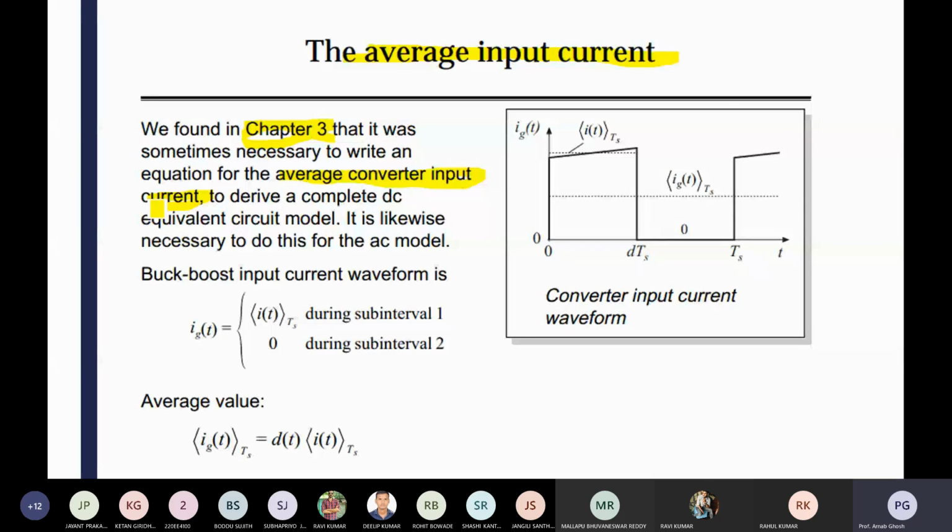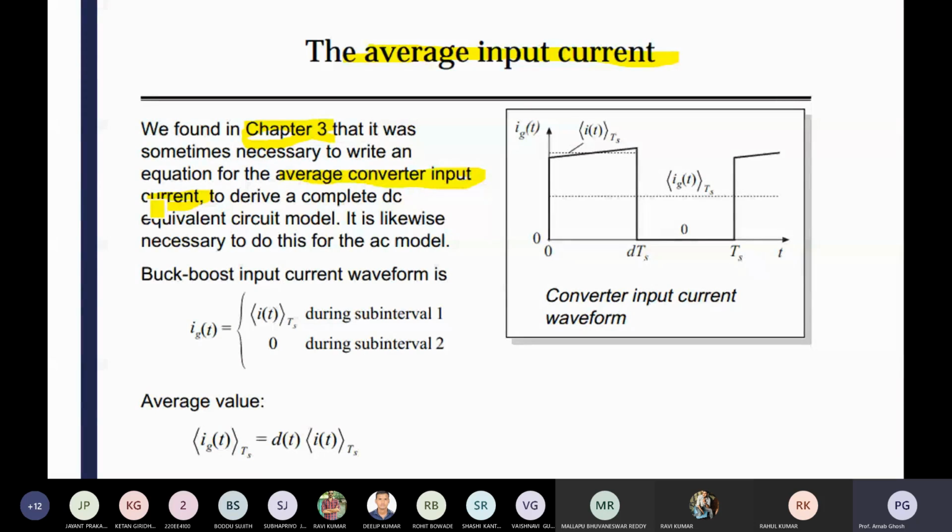In this case there are two boost converters in parallel, but their operation is complementary: when the first boost converter is on, the second is off. So you observe 180 degree out of phase operation.